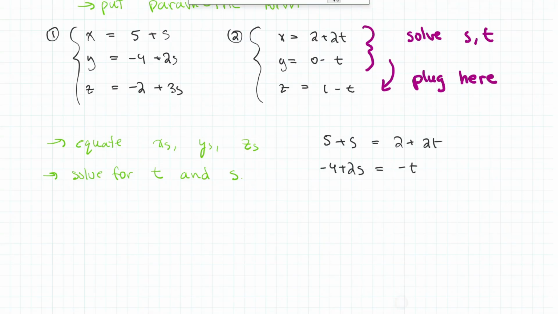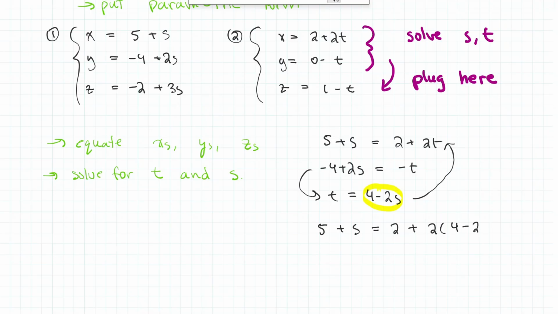So we can just rearrange the second equation such that t equals, what do we have? 4 minus 2s, and then we're going to plug that back into that one. So we've got 5 plus s equals 2 plus 2 times, we're going to grab our t value over here, so 4 minus 2s.